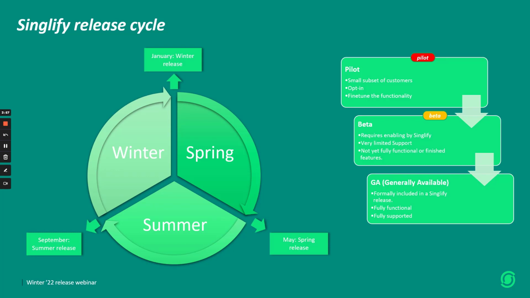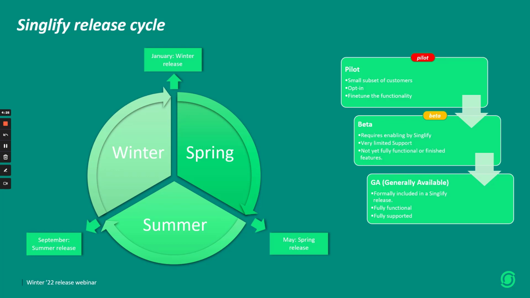So also this is not to be used for business critical functionality, but it's used to fully test the functionality and to ensure that we are building the right thing. And then the last stage obviously is GA. In this case, the functionality is formally included in a Singlify release. It's fully functional and of course fully supported by Singlify.